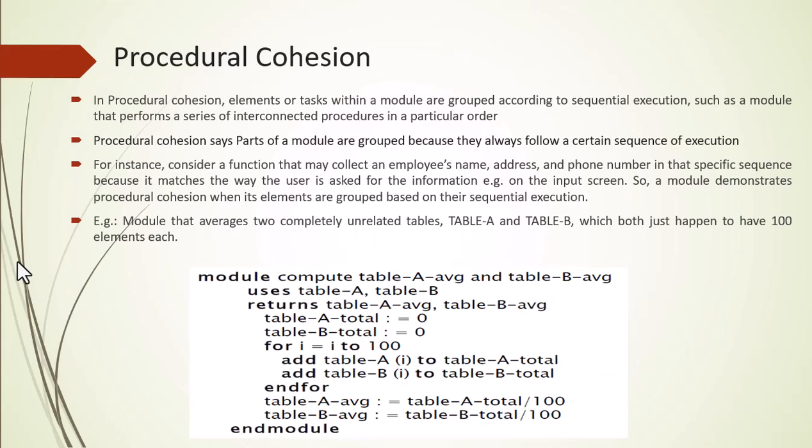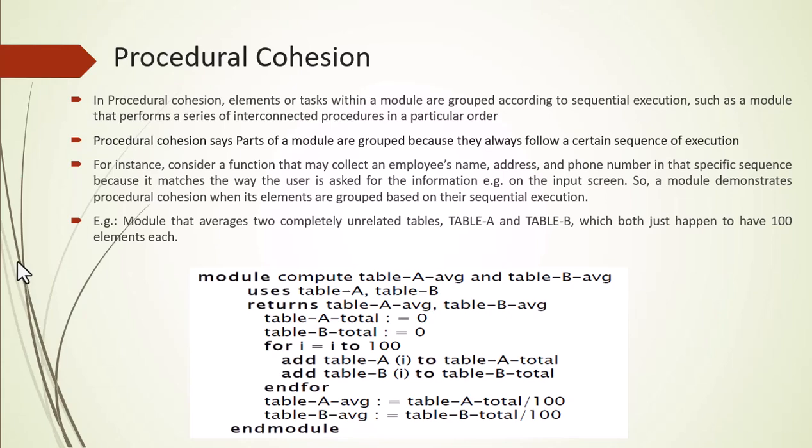Procedural cohesion. In procedural cohesion, elements or tasks within the module are grouped according to sequential execution, such as a module that performs a series of interconnected procedures in a particular order. Procedural cohesion says that parts of the module are grouped because they always follow a certain sequence of execution.